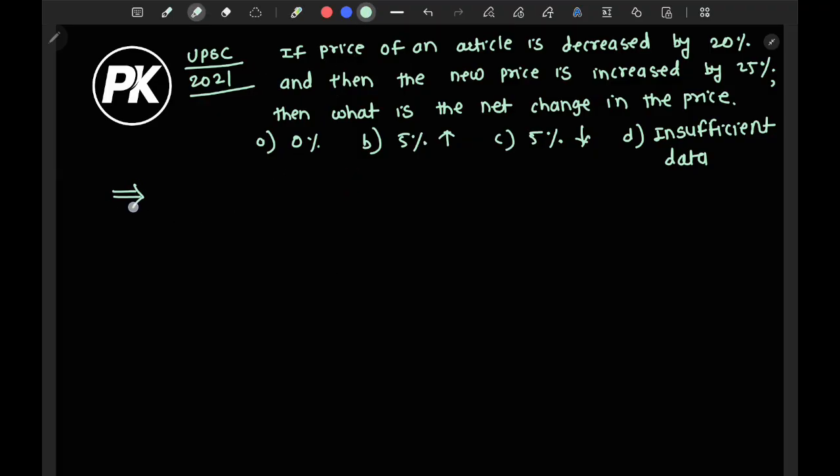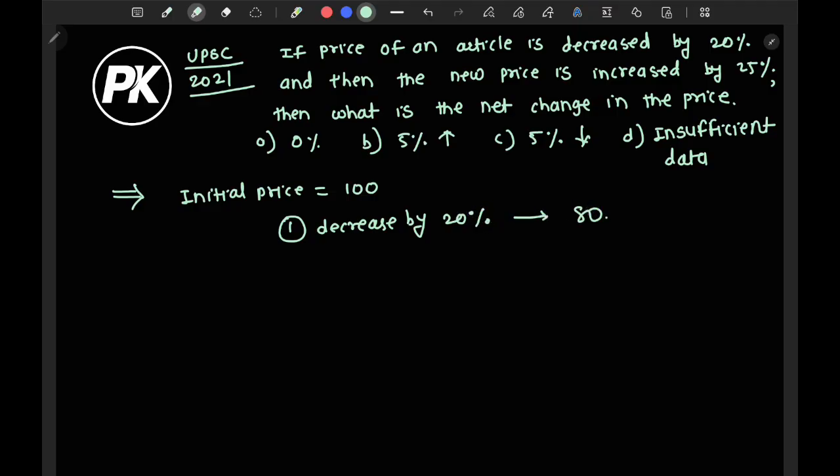So I'm writing here the solution. They are saying the price is decreased by 20%. So let's consider the initial price is equal to 100. Now this price is decreased by 20%. So the first step is decrease by 20%. That means the new price is 80.